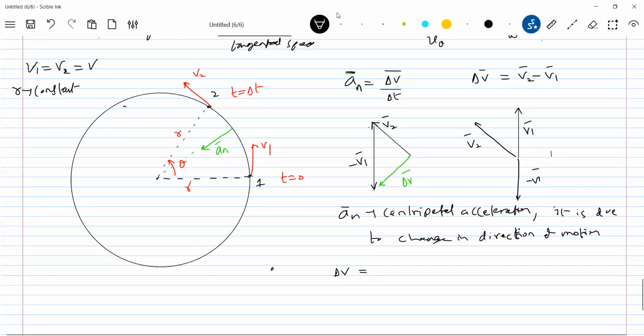So how to bring this theta? What is the angle between V1 bar and V2 bar if this is theta? V2 bar was somewhere here, no? So what is the way to indicate this theta in this diagram? Okay, we'll do one thing.